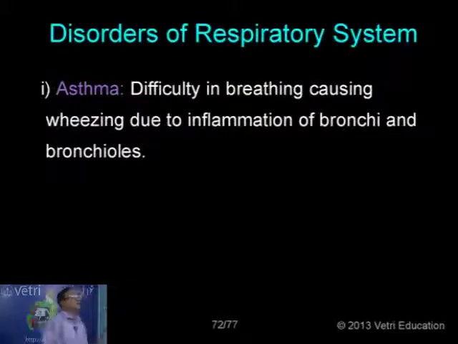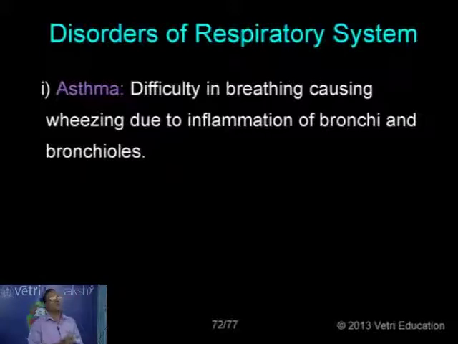Now we have to know some of the respiratory disorders, not much. First, asthma. It is a kind of allergic reaction, mediated by hypersensitivity. The manifestation of allergic reaction is asthma because of dust allergy. So what will happen here?